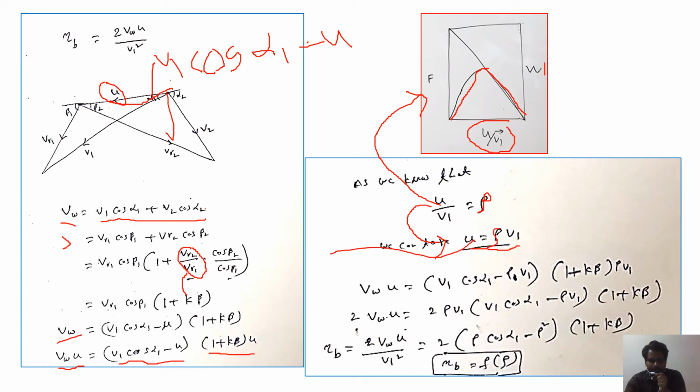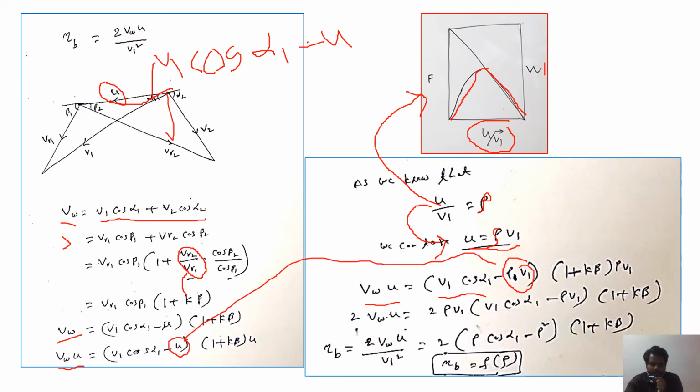If we substitute this u in this equation, we can write Vwu equals V1 cos alpha 1 into rho V1. In the place of u, I have written rho V1 into 1 plus KB into u, and again in the place of u I have written rho V1, because u equals rho V1.